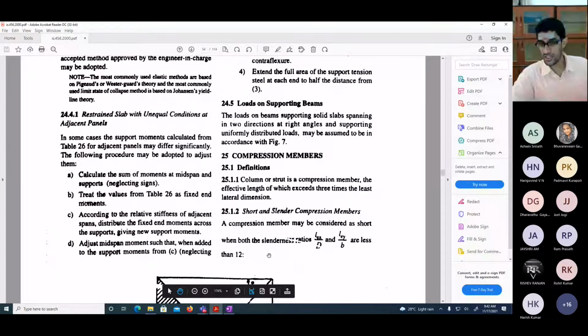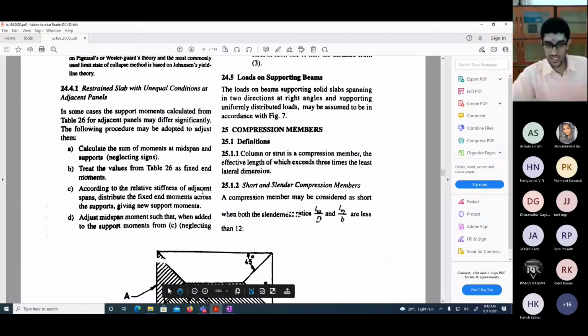This is the condition on which you have designed most of the columns till now. It's not always the case; sometimes this condition may be violated. For general buildings, we would usually be satisfying this condition. We will always ensure that we have a short column in normal construction, normal buildings.